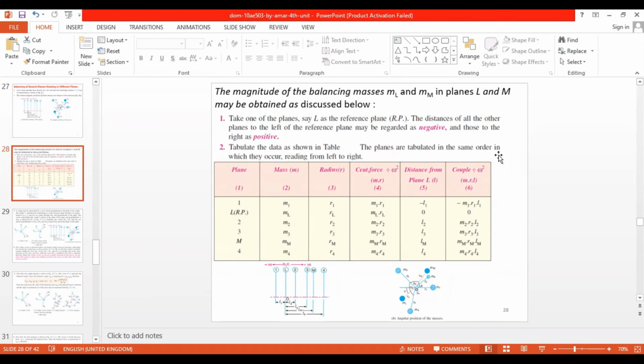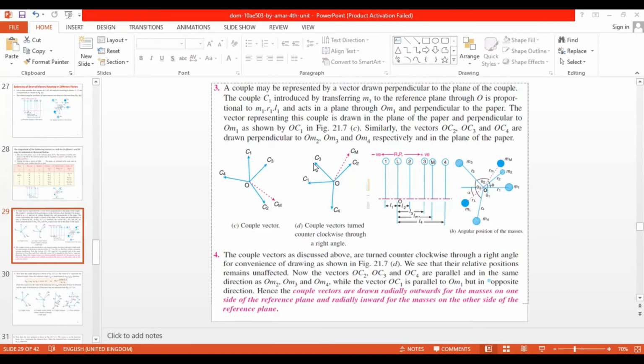The planes are tabulated in the same order in which they occur, reading from left to right. So it should be in an order. Don't jump here and there. That should be in the order 1, L, 2, 3, M4. A couple may be represented by a vector drawn perpendicular to the plane of the couple.